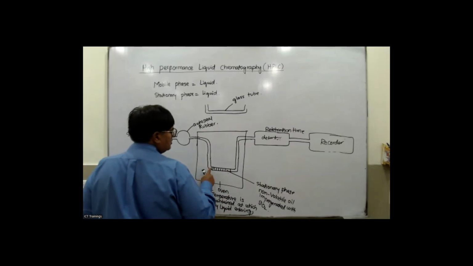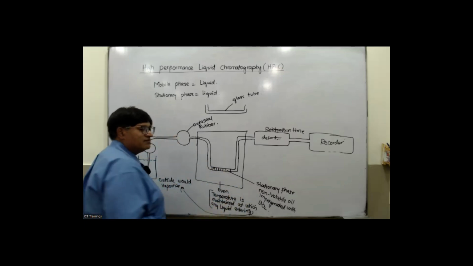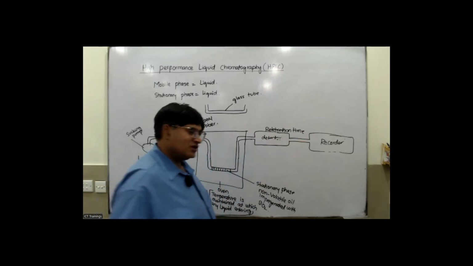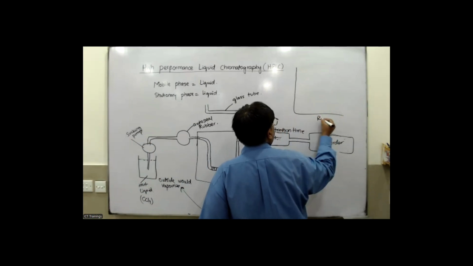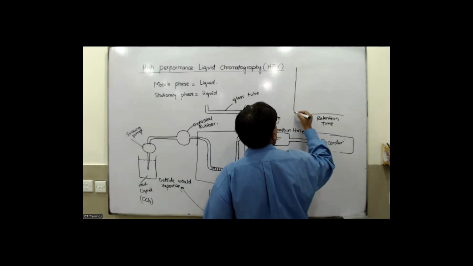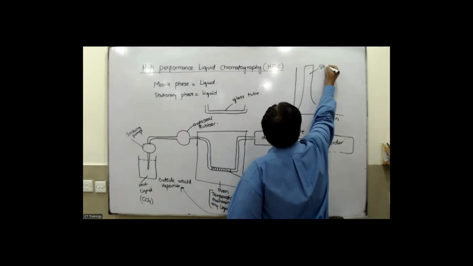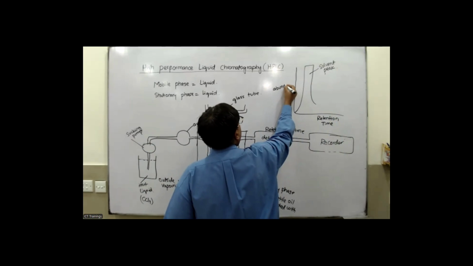So this CCl4 would be retained by this stationary liquid for how much time? That time is noted by this detector, and the recorder is going to record it in the form of a solvent peak, like that. So here we got the retention time. Okay. So this is the peak which is being formed. This is called the solvent peak. Okay. And this is the abundance, my dear.